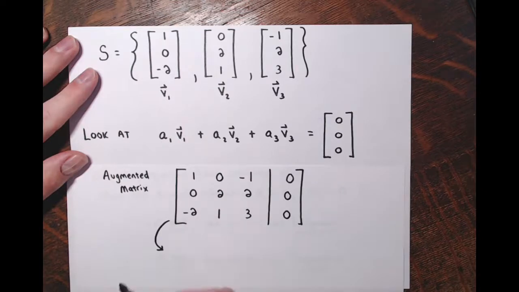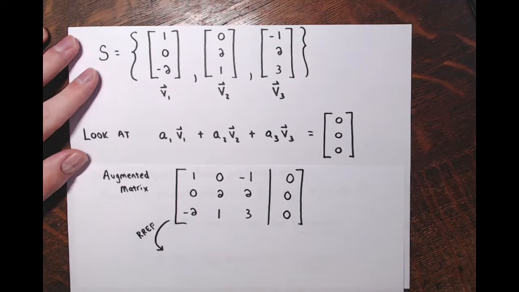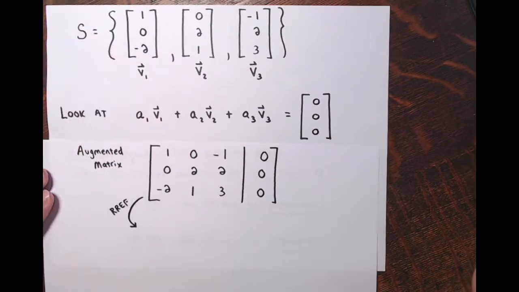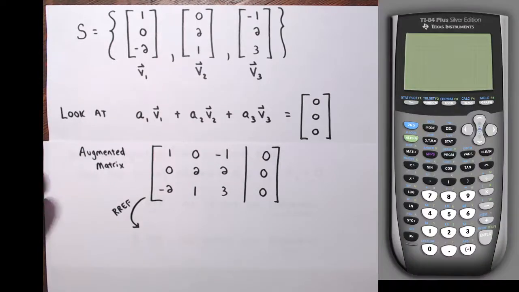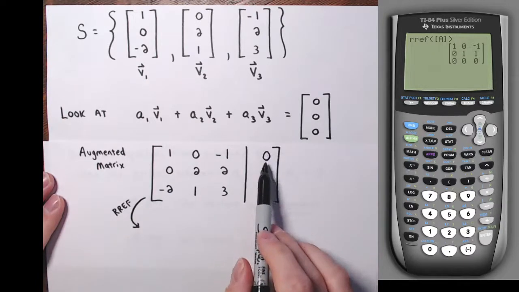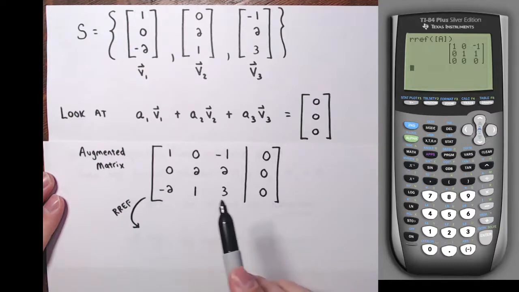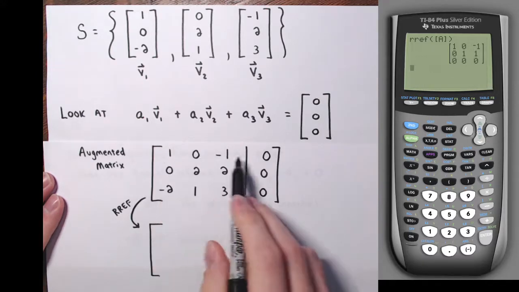All right, so I'm going to go to the calculator and put this into reduced row echelon form. Hopefully you know how to enter a matrix by now in your calculator and put it in reduced row echelon form. So I'm just going to pull a calculator up and come back when that's done. Okay, so you see on my calculator now, I ignored the column of zeros because, like I said earlier, it's going to stay a column of zeros, and I only entered the coefficient matrix, so that's why it's a 3 by 3 and not a 3 by 4.